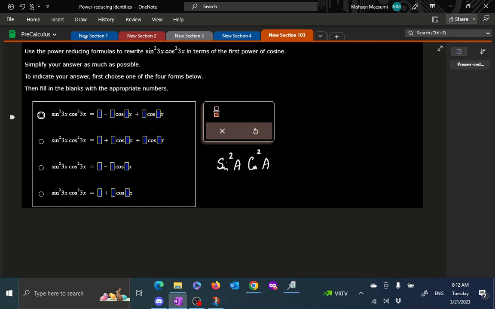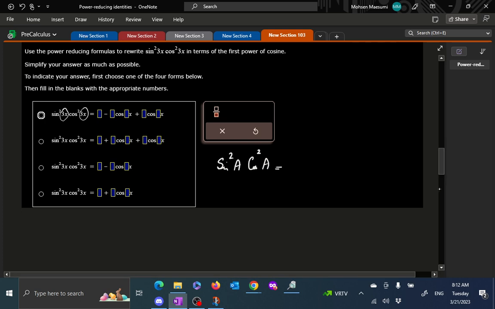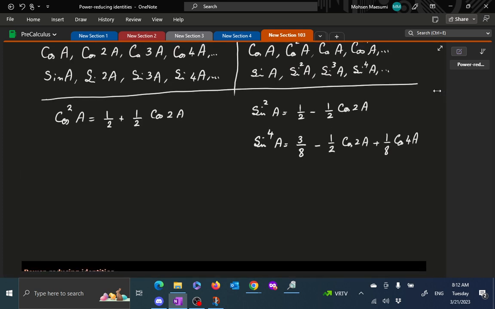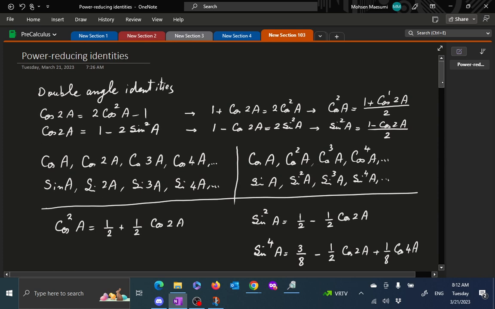So you can use double angle here, or you can go straight for the identities we had above. You notice that at the beginning I put this 3x issue aside. That's not so significant. We are going to bring it in at the end. So let's build it for general a and then come back. So sine square and cosine square, we have formulas for them. Sine square, cosine square are these two.